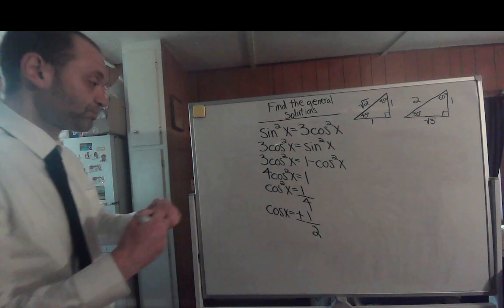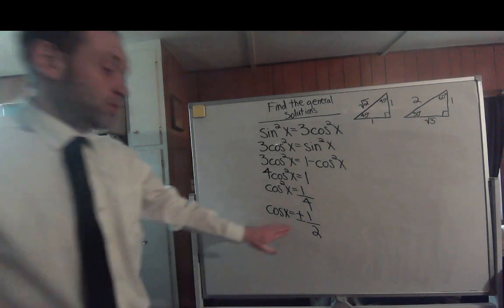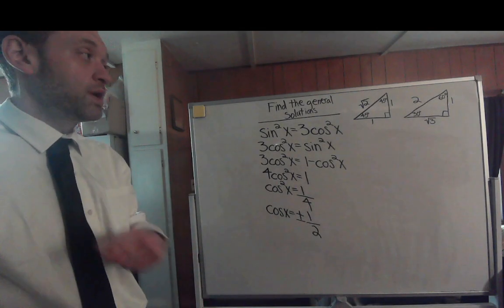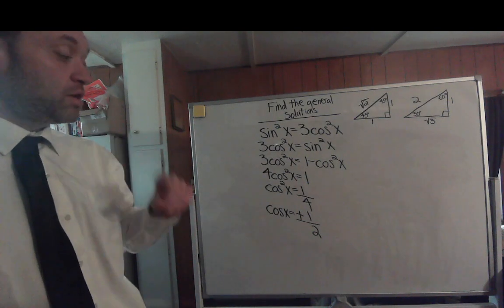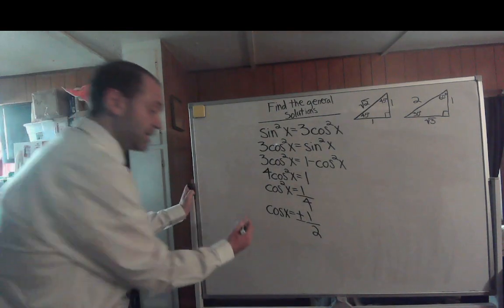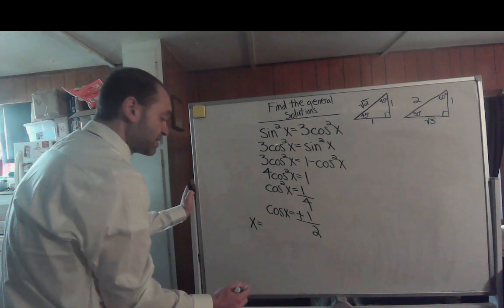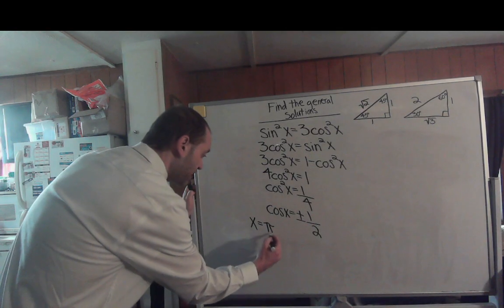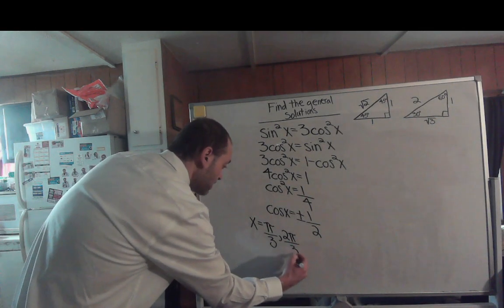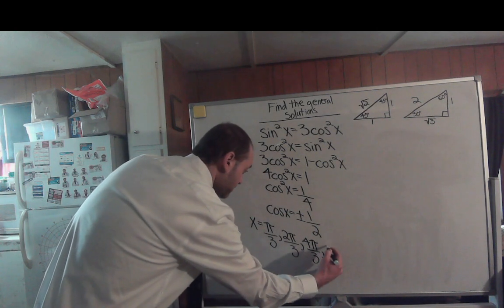Alright, so we are considering both roots again. Where does the cosine of x for a reference angle equal 1/2? The cosine for that reference angle is going to be at 60, right? So that would be pi over 3. And since we're considering both positive and negative roots, you would get x equals pi over 3, 2 pi over 3, 4 pi over 3, and 5 pi over 3.